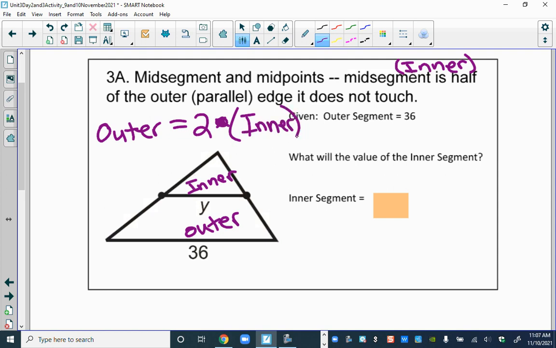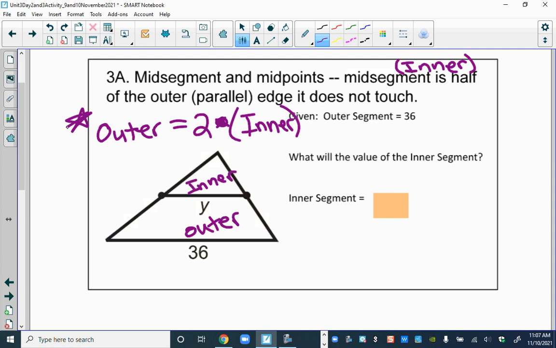That's what you have going on here. So for 3A and 3B, outer equals 2 times inner. So no matter what you get, always follow this. That's going to be the key rule for the next couple problems.